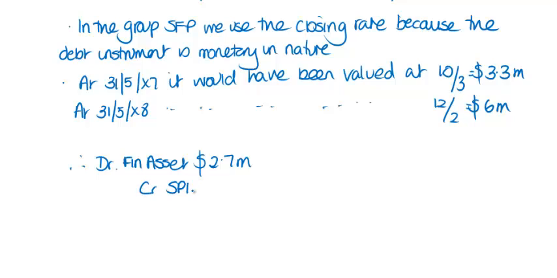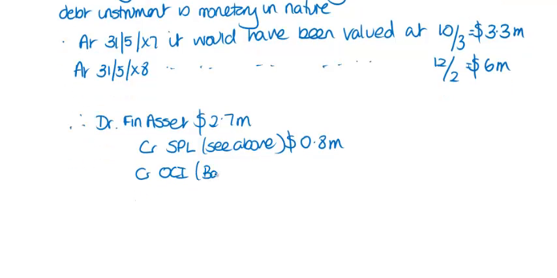We've credited our statement of profit and loss already with 0.8 million, because the reason why the assets increased in value is 2 reasons. A, it's gone up in value, and B, exchange rates have moved. We will credit OCI with the balance of 1.9 million.